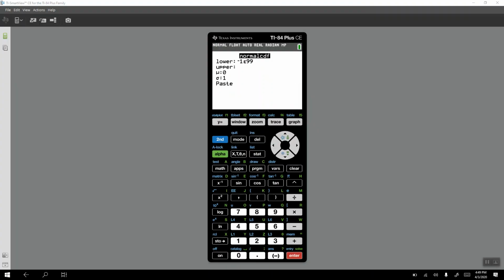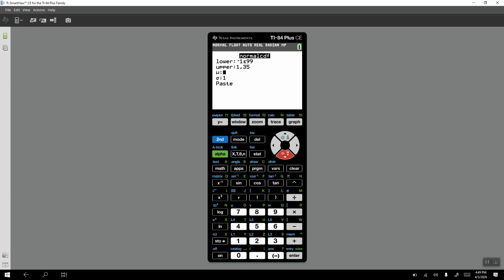So now that we have a little more to work with, the lower end, meaning the lower tail, is negative 1E99. The upper end means where do we stop? Well, if you remember, the stopping point for the z-score was 1.35.